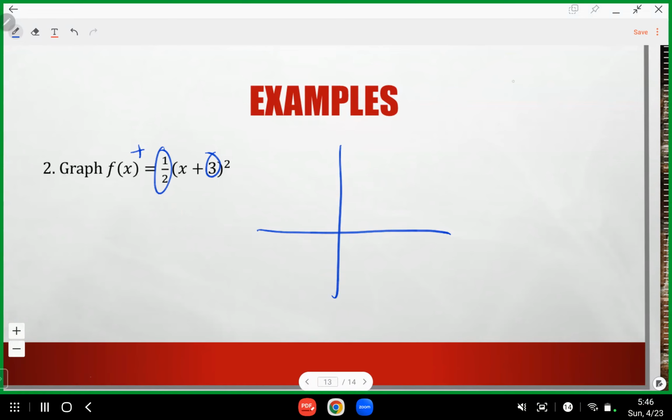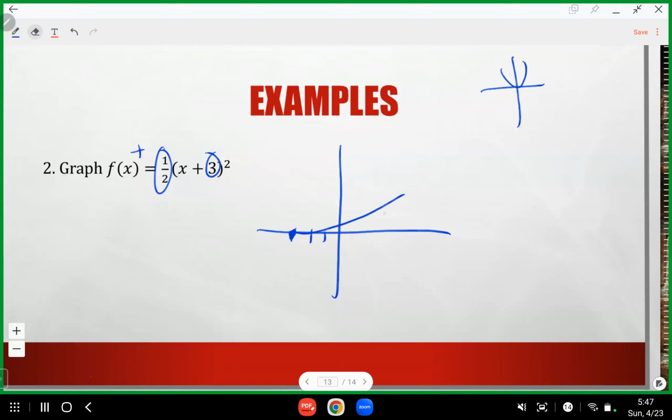So our parent graph should look like this. This parabola is first shifted left by 3 units, and then you compress it vertically by a factor of 2. So we have this rough graph of our parabola, which is not very good, right?